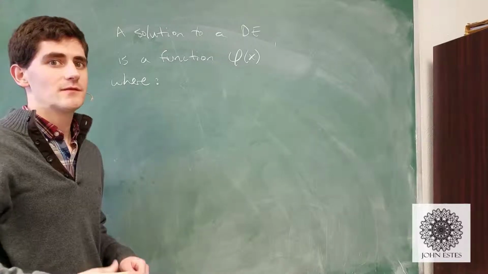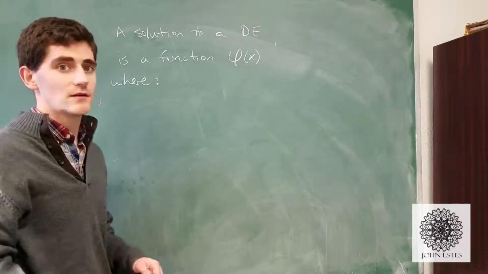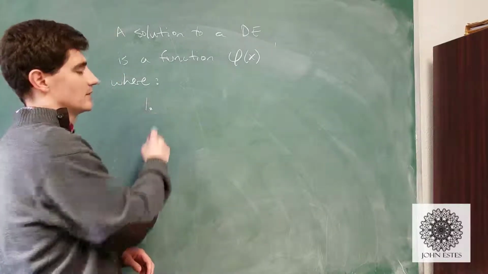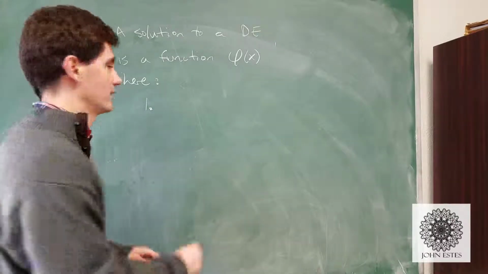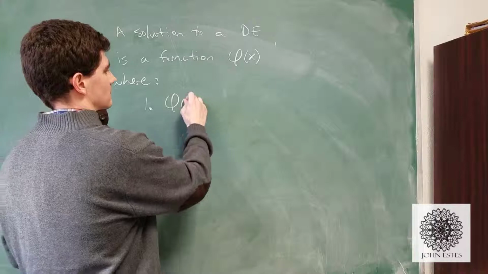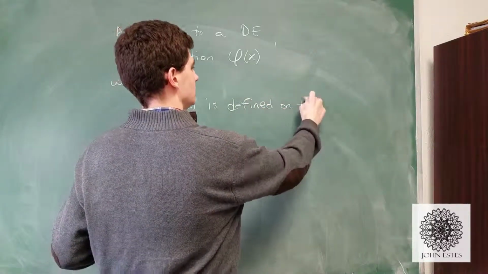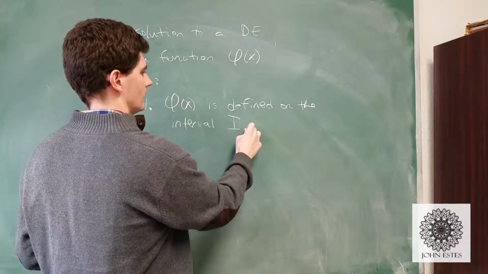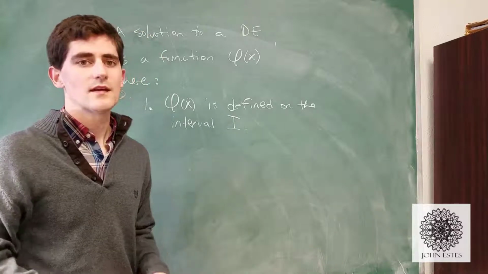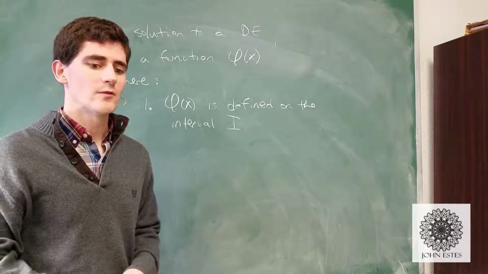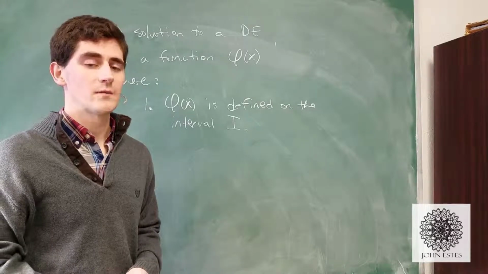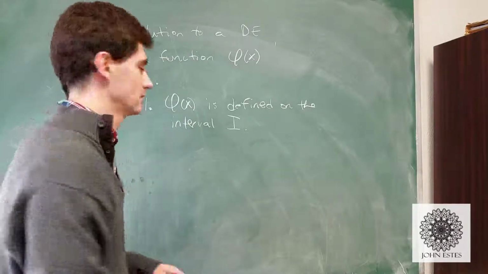So this function phi of x has to meet certain elements. First, there has to be an interval on which phi of x is defined. Secondly, the function and the appropriate amount of derivatives have to all be continuous on this interval.